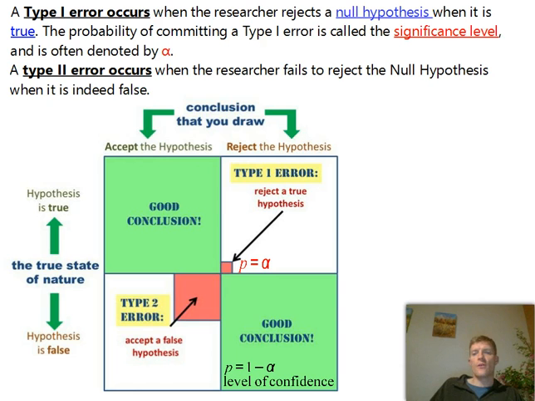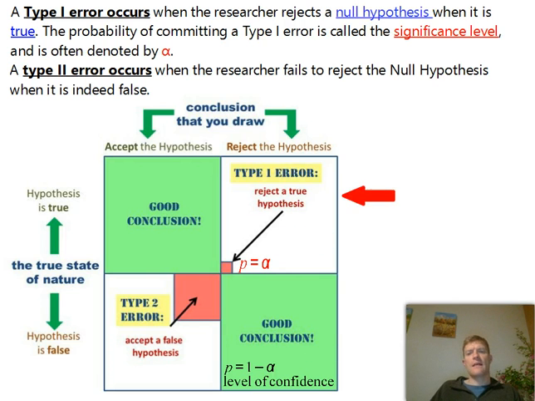From that we get these four scenarios. If the hypothesis is true by nature and we've accepted it, then that's a good conclusion. Alternatively, if the null hypothesis is actually false, and we've formed the conclusion to reject it from our hypothesis test statistics, then that's also a good conclusion.